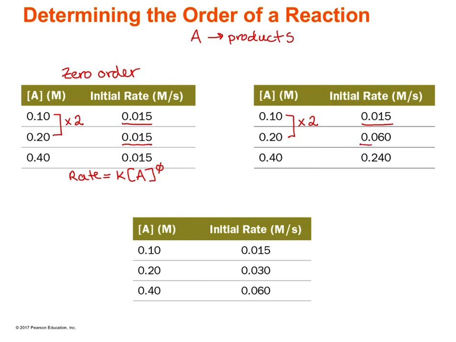And in fact, it becomes 0.060 moles per liter per second. So that means we've quadrupled the rate of the reaction when we double the reactant concentration. So this tells us that we have a second order reaction. So the rate is equal to some constant times the concentration of A to the power of 2.